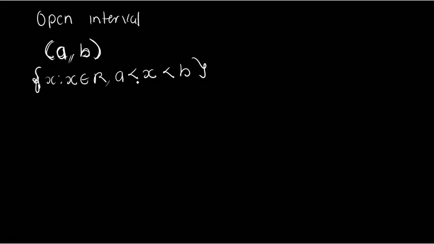If you look, you will see that A is not included and B is not included. We could have said that A is included if we had an equal to, but here there is no less than or equal to. It's just less than, meaning that A is not included. So I can say that A is open. If they ask you to write the same one on the number line, it will be like this.